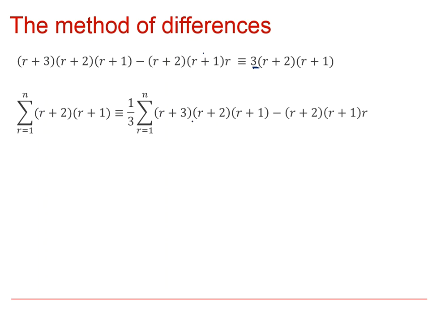So now we are going to substitute in. I often find it easier, if you've got a fraction outside, to deal with that afterwards and to just do the sum from r equals 1 to n of r plus 3, r plus 2, r plus 1 minus r plus 2, r plus 1 times r.